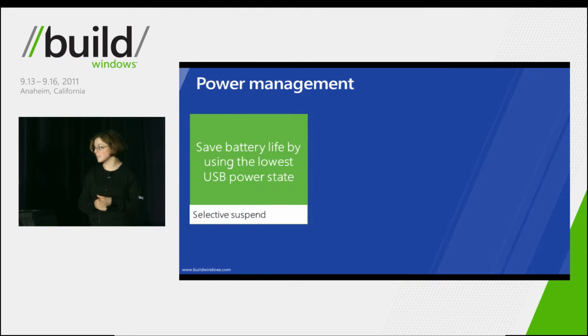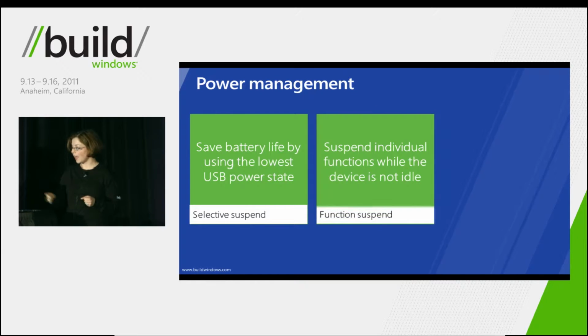USB Selective Suspend is a feature that's been available since USB 2, and it allows you to suspend your devices and put them in the lowest power state while the PC is still active, but the device is not used. However, many devices nowadays are multifunction devices. And so for USB 3, Selective Suspend now offers an additional option called Function Suspend.